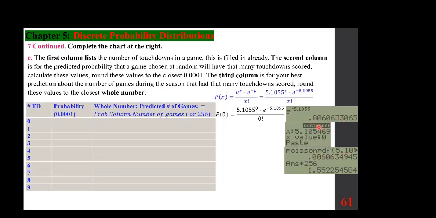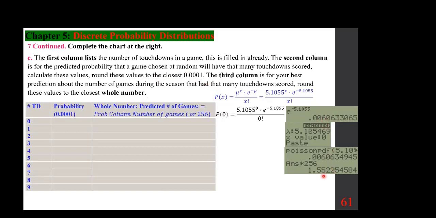Now, how about the predicted number of games? We are going to multiply the probability here by 256. So when I do that, I get this one. And I'm going to write it here, but I'm going to write it here as a whole number. So this one is 0.006063, whatever, however, I want 4 of them. So I'm going to write simply 0.0061.